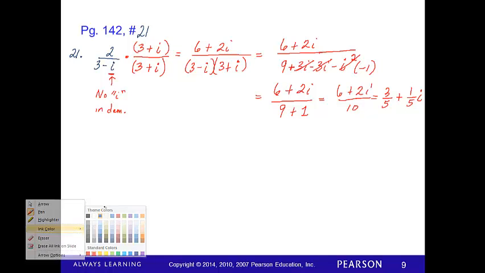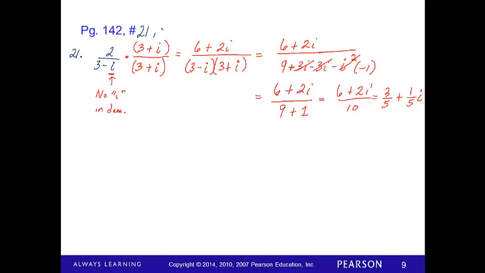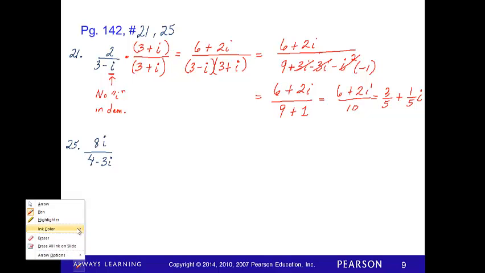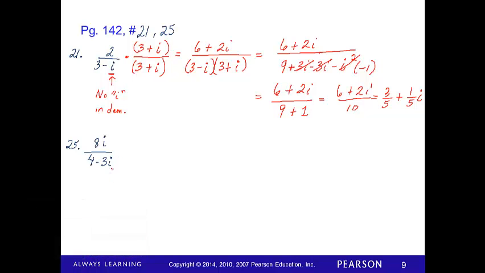Let's keep going. Let's look at number 25. 8i divided by 4 minus 3i. Again, I have an i in the denominator, so we need to multiply the top and the bottom by the conjugate of the denominator.